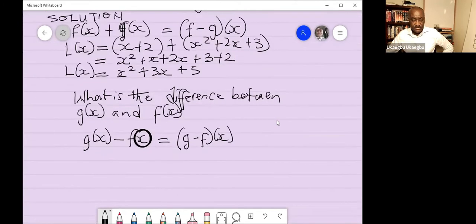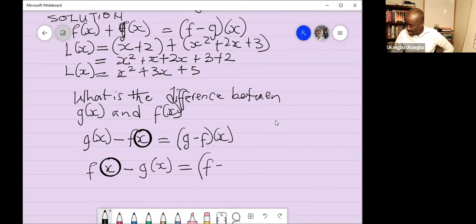Okay? If it were the other way, if it says what's the difference between f of x and g of x, then that would be f of x minus g of x, which is also written as f minus g of x. So just be careful when you read the question, just be careful how the difference is framed.